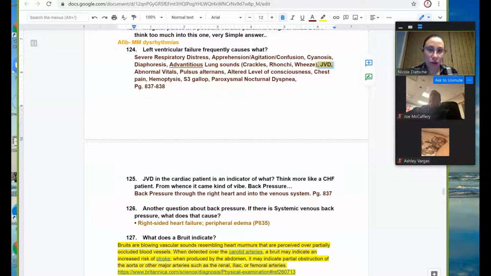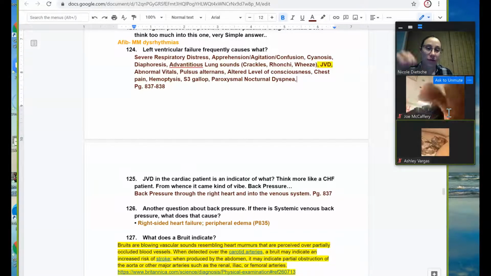Also, if you have a patient whose left ventricle isn't pumping effectively, where does that back up to? The lungs, which would mean that you would have increased pressure, perhaps.